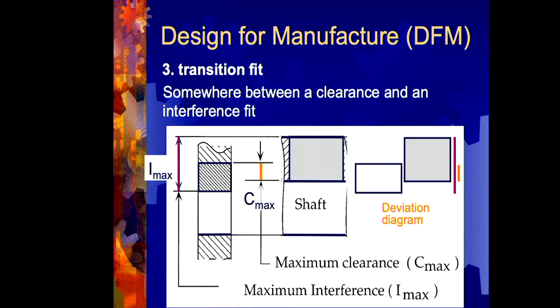And then for transition, when you go biggest hole, smallest shaft, you've got a clearance, then biggest shaft, smallest hole, you've got an interference. So it's somewhere in that transition zone. And I was playing around with my brass shafts with my one brass hole last time.